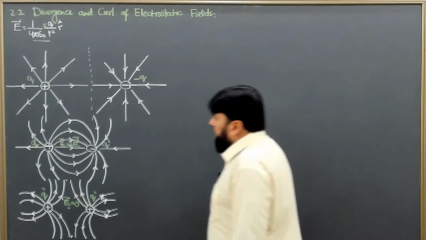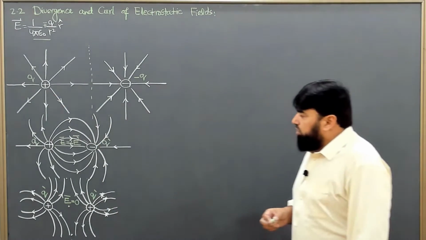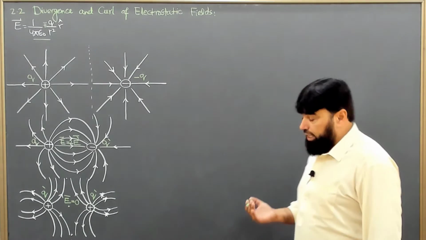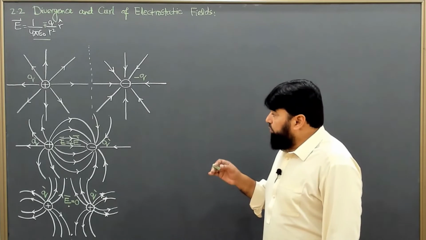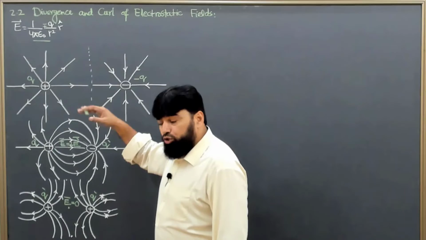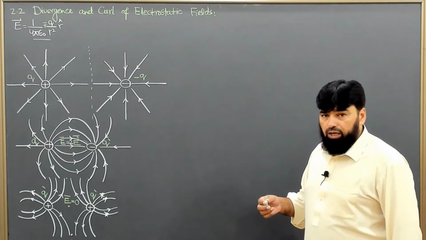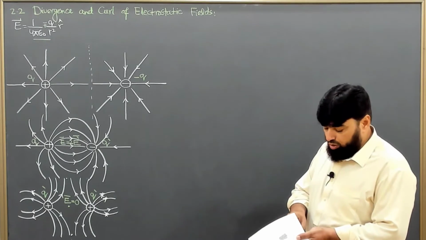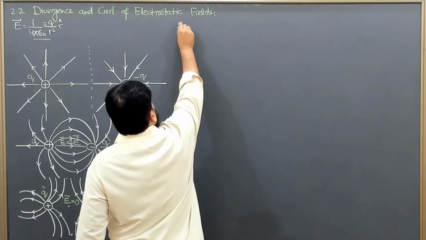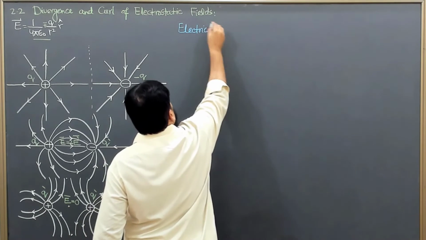Now as we are geometrically representing them, when we consider the field around them, that field has some strength. And when we consider the geometrical lines, how many geometrical lines are passing through a certain area, that thing we call electric flux.